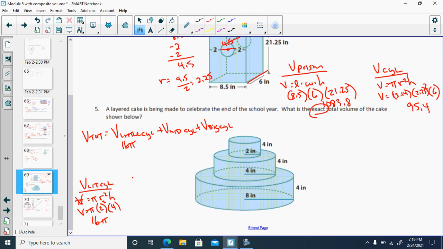The volume of the middle-sized cylinder: pi, and our radius is 4 and our height is 4. 4 times 4 is 16, 16 times 4 is 64. Volume's equal to 64 pi.